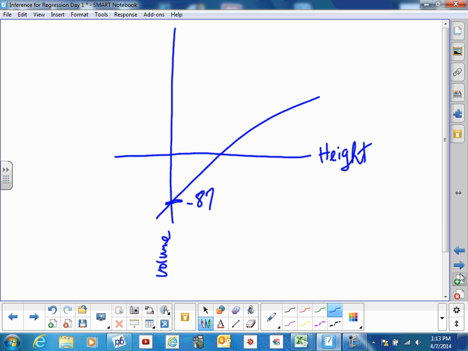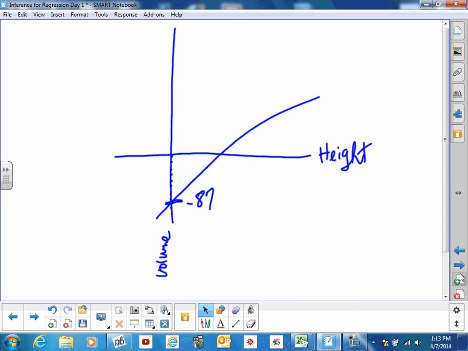So, does that seem plausible in the context of this problem that when your height is 0, the volume of the item is negative 87 units? Is that plausible? No. Y-intercepts are frequently and most always inaccurate and not a true representation of this data.